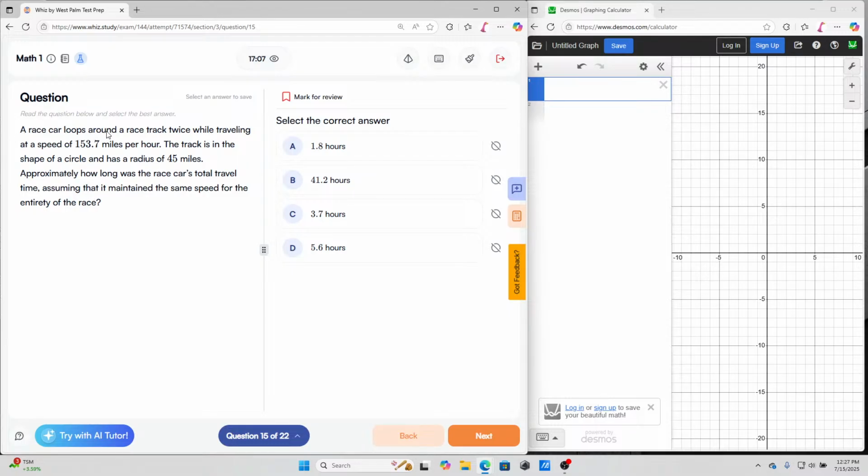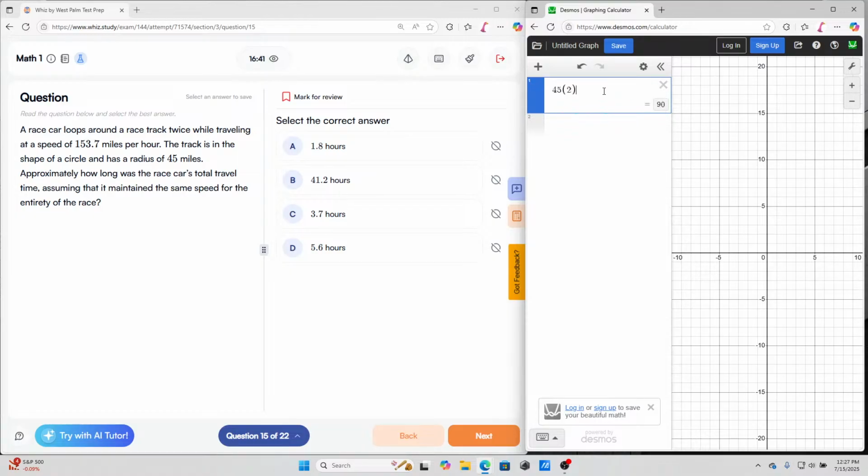A race car loops around a racetrack twice while traveling at a speed of 153. It's in a circle and a radius. So the track is in a circle, so it goes around twice, so it goes 90 miles at 153 miles per hour.